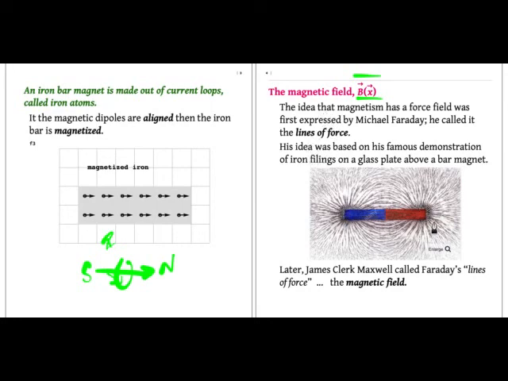He took a bar magnet, put it underneath a glass plate, and sprinkled over the top of the glass plate iron filings, little pieces of iron that had been removed off the surface of an iron surface to make little tiny pieces of iron. And what happens is what's shown in this picture.